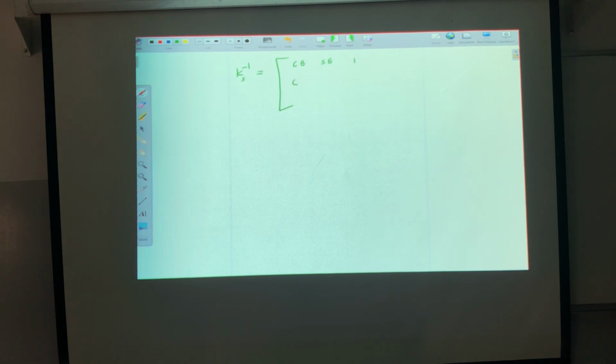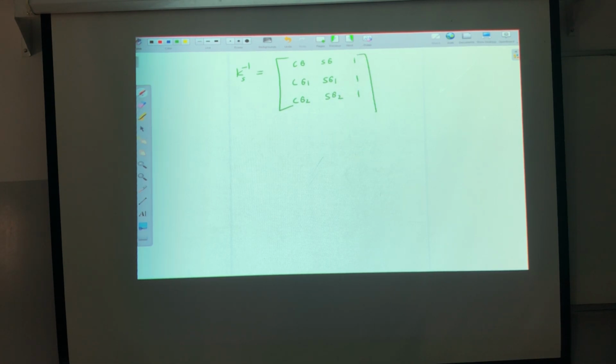And here will be cosine theta 1, sine theta 1, and 1, and cosine theta 2, sine theta 2, and 1.